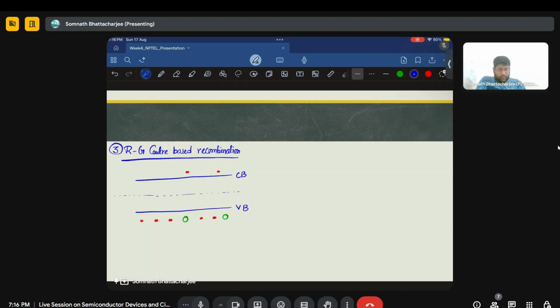Now in this case there's a new band which is known as the ladder state or the trap state. Here I am showing just a single state, but there can be multiple states as well. A single electron can move to this state without requiring that much energy.